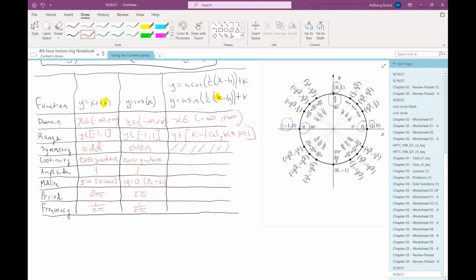If the transformation can't affect the domain, can it affect the continuity? No, right? Think about it this way. Do any of those transformations allow you to break the graph apart? No, it's still got to stay all connected all the way through, right?